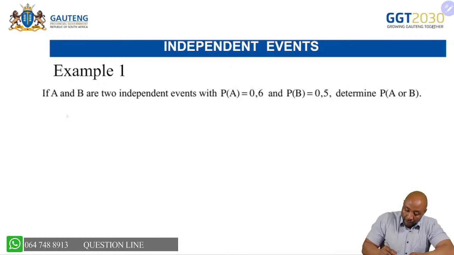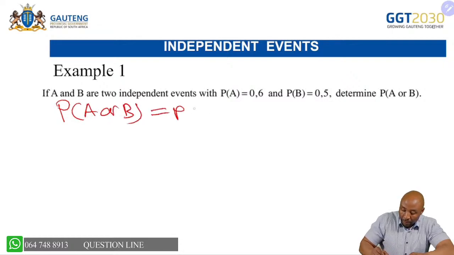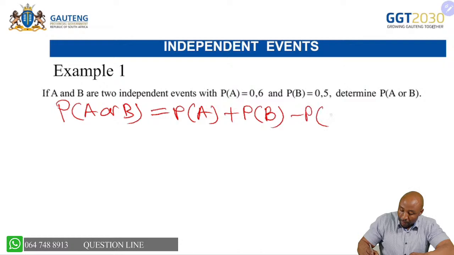So it means the probability of A or B is given by the probability of A plus the probability of B minus the probability of A and B.